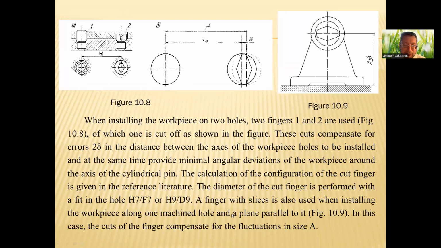When installing the workpiece on two holes, two fingers, 1 and 2, are used, like in figure 10.8, of which one is cut off as shown in the figure.